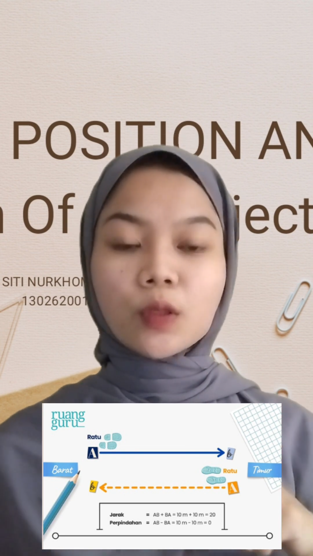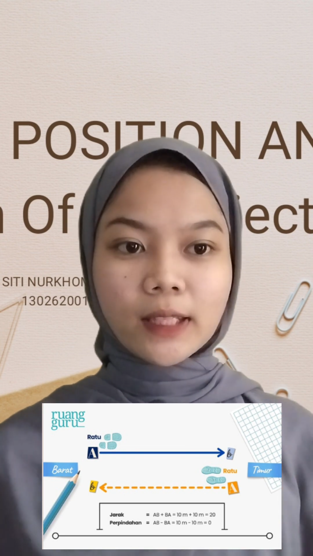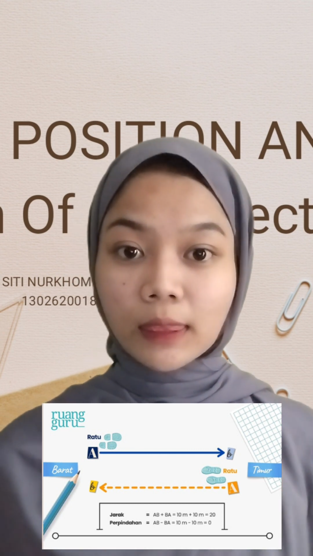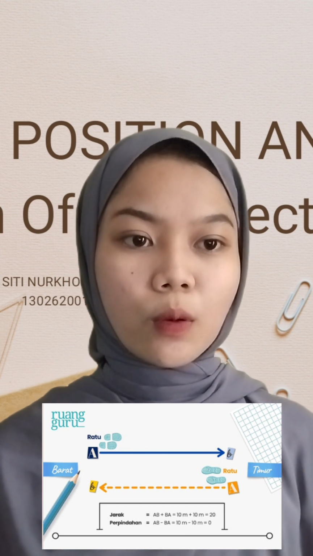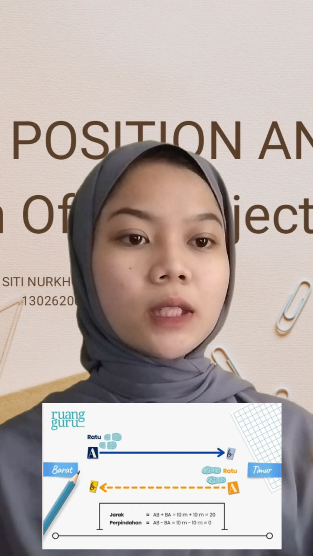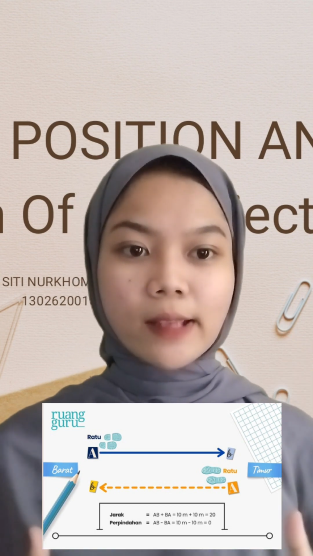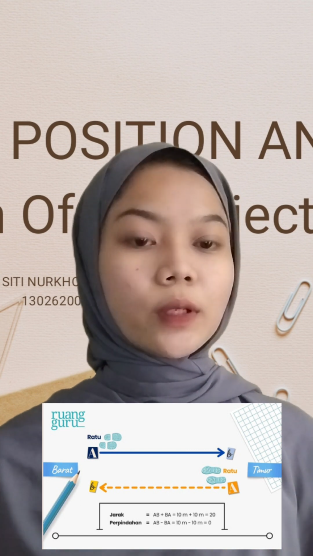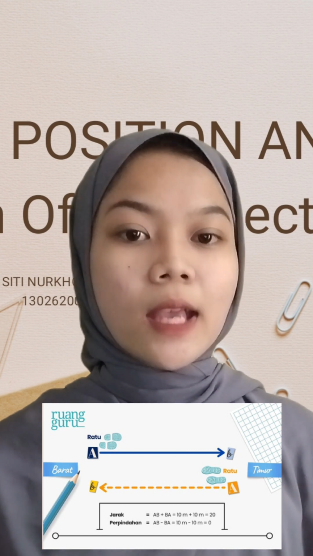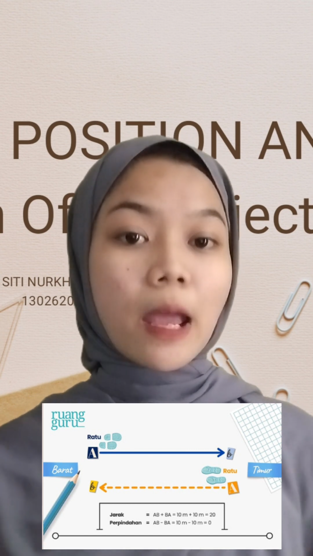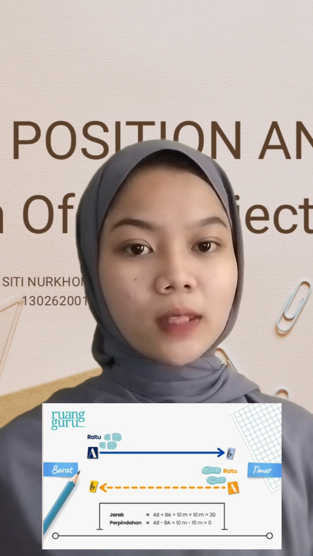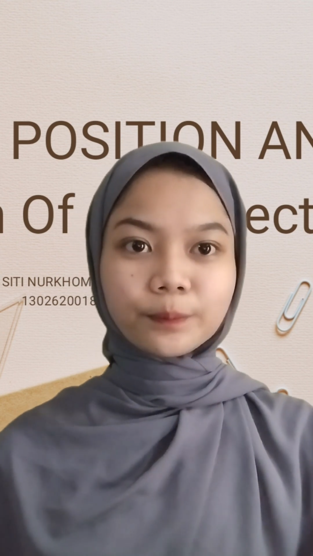Then she walks towards the west again for 10 meters too. So we can see that point B to point A. From here, we can know that the distance traveled by Ratu is AB plus BA equals 10 meters plus 10 meters equals 20 meters. Okay.